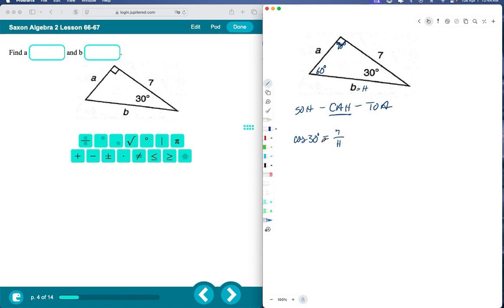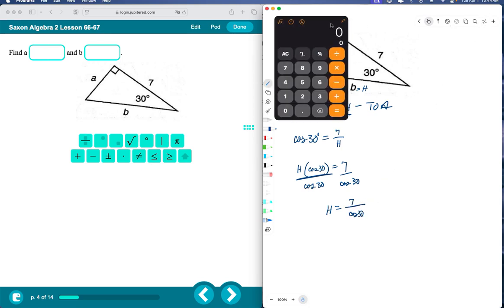So now I can multiply both sides by h. So h times the cosine of 30 degrees is equal to 7. So now I can divide both sides by the cosine of 30. And that's going to give me the value of h. 7 divided by the cosine of 30. So that's what I'm going to do.